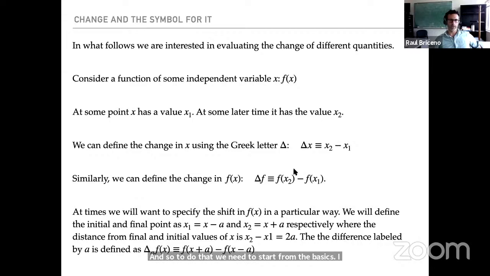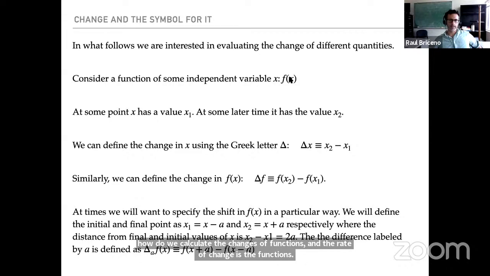What we're interested in is understanding how functions change as you vary different parameters, okay? That's really the bread and butter, the foundation of calculus: how do we calculate the changes of functions and the rate of change of functions.